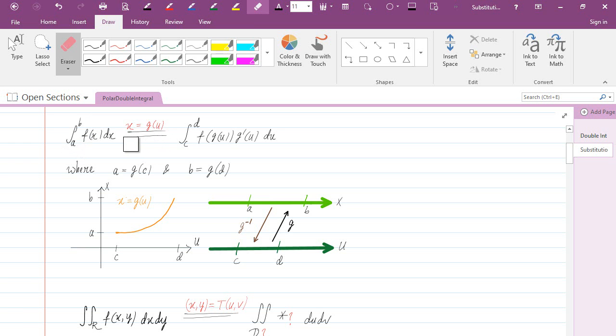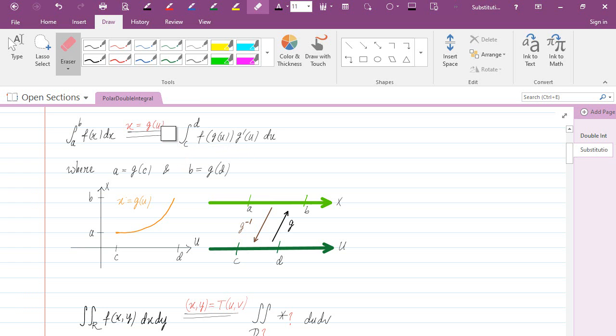That is, we are substituting x by g of u. Then the new integrand has two factors, where the first factor is obtained by substituting g of u for x in the original integrand, f, and then we have this extra factor g prime of u.